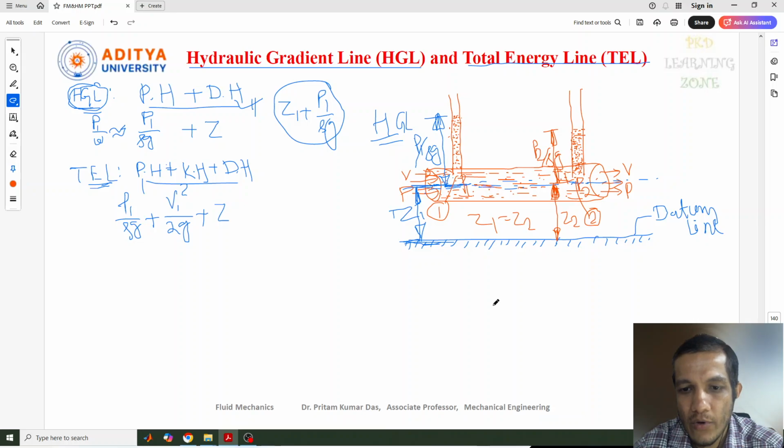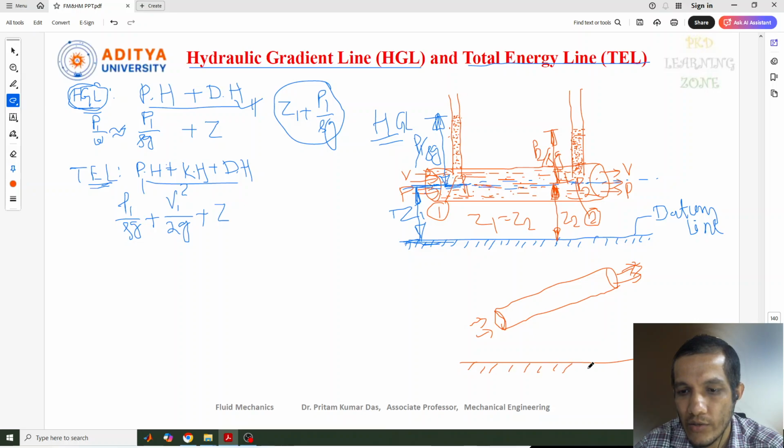But when the pipe is in an inclined condition, Z1 and Z2 will not be the same; both will be different. Suppose this is the datum line or reference line, as I told you.